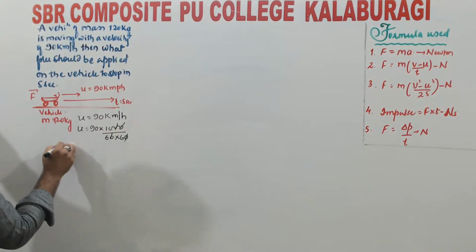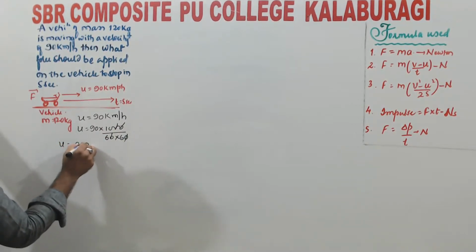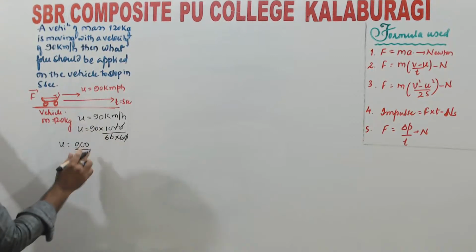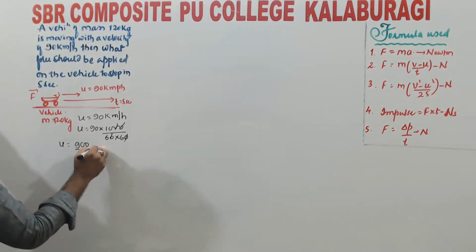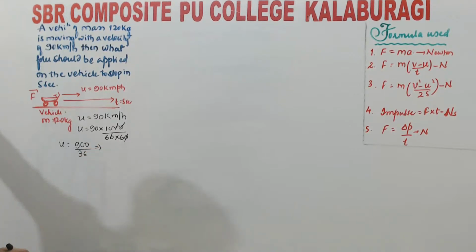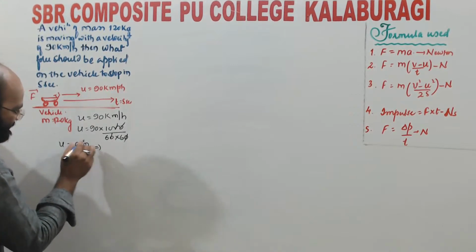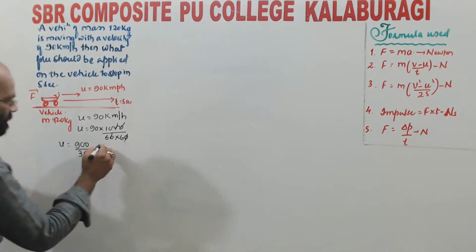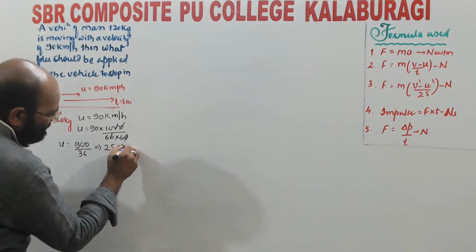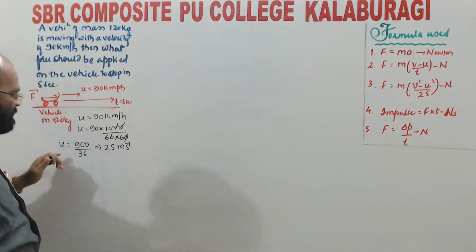So u equals 900 divided by 36, which equals 25. So 25 meter per second is the corresponding initial velocity.